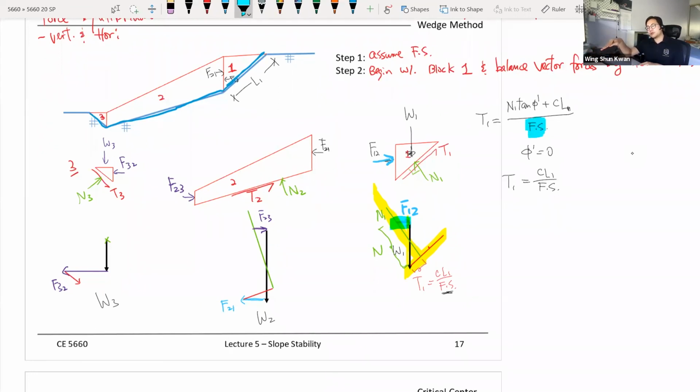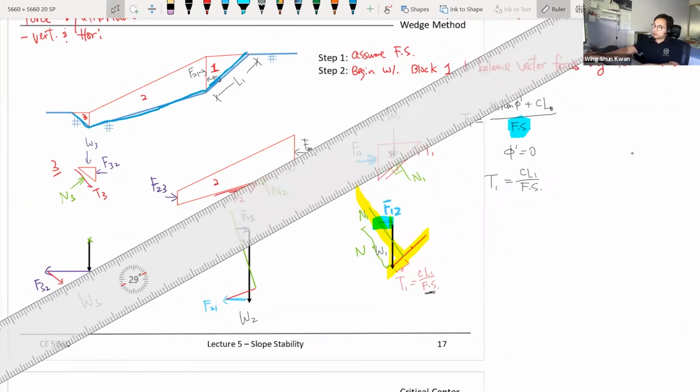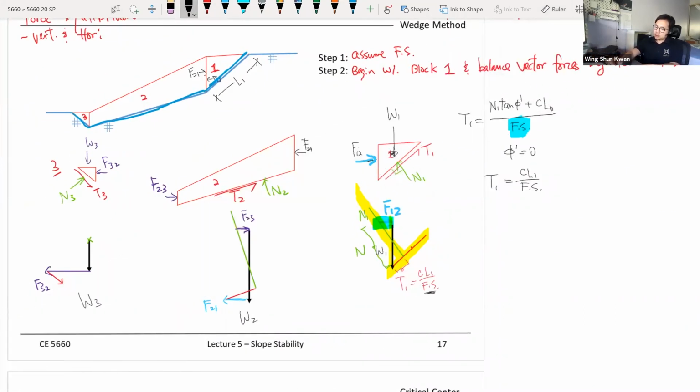So you keep on this procedure, you move on to the next block, and then you go to the last block, number 3. And if you pick the factor of safety correctly at the beginning, at the end of the day, you should have a closed loop.